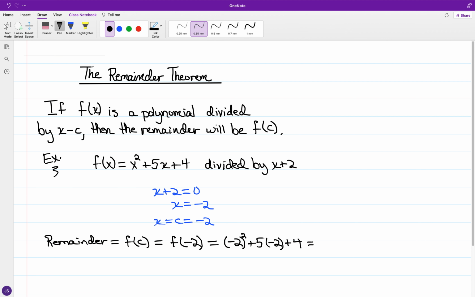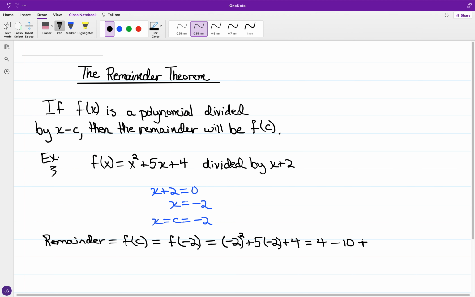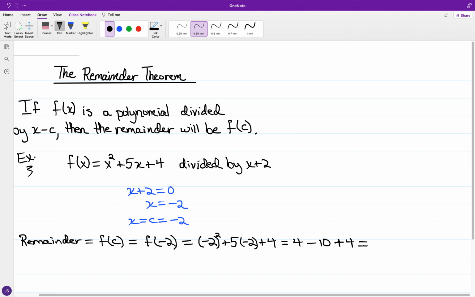The square of negative 2 becomes 4. 5 times negative 2 is negative 10. And we have plus 4. So 4 minus 10 is negative 6. In turn, negative 6 plus 4 is equal to negative 2.